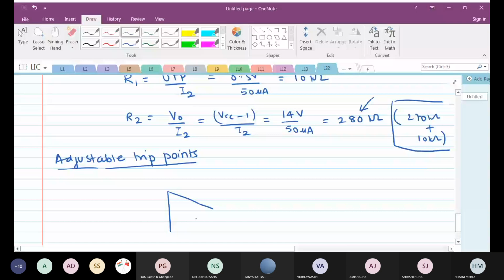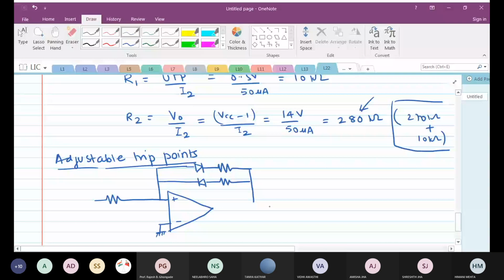So you have R1, this is your Vi, this is R2, R3, D1 and D2. So this will give us different paths, and so we'll get different values of LTP and UTP, similar to the inverting Schmitt trigger. So let us see a design example here.